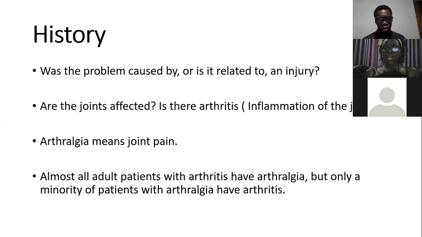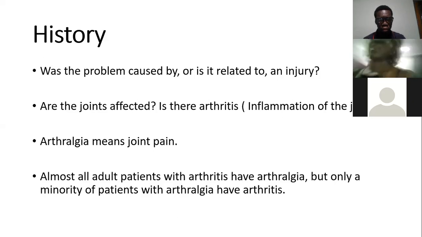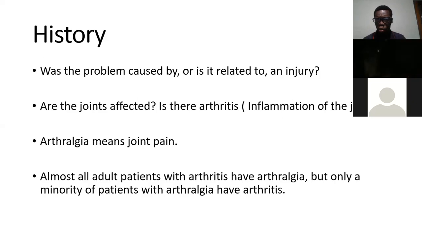Can you hear, or is it still bad? Yeah, I think it's a problem from the network. It keeps on breaking. Okay, let me change the position. I think it's probably where I'm sitting. I came downstairs to run away from my daughter, but it seems I'll have to go upstairs.